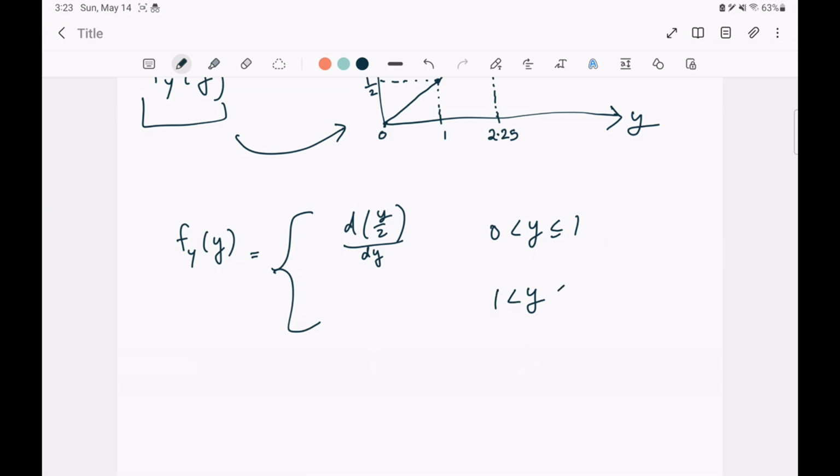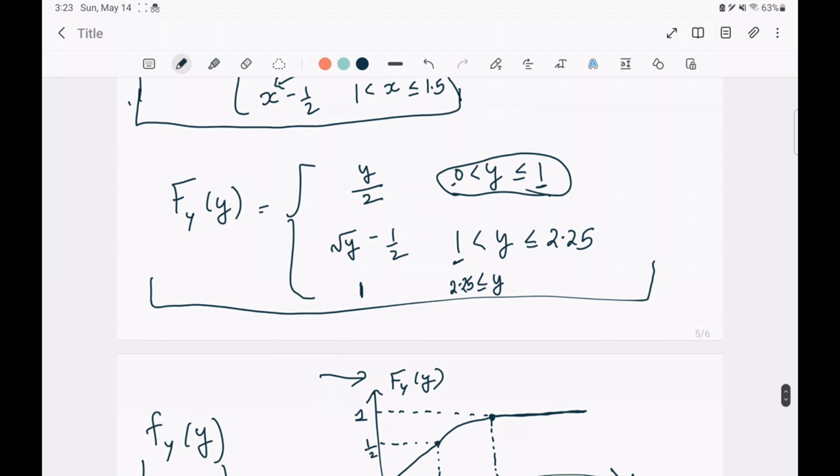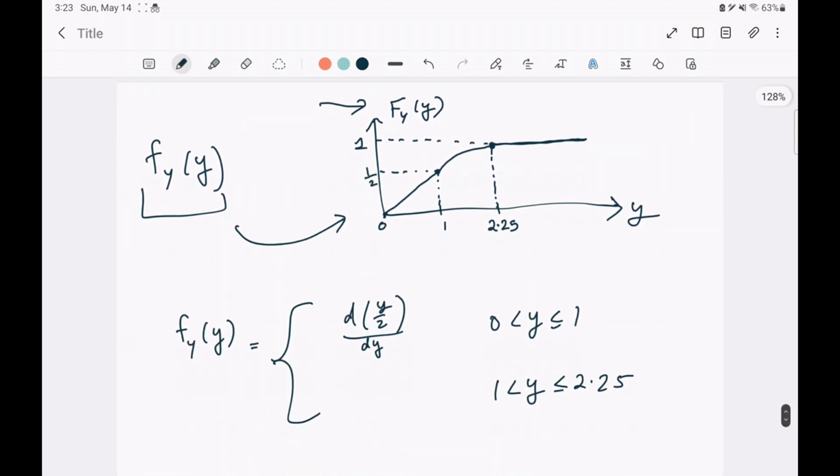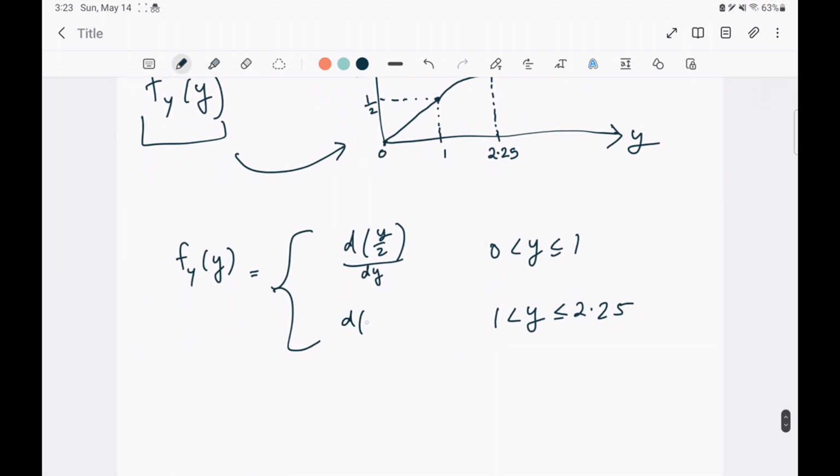And for the values of y lying between 1 and 2.25, it would be the differential of root y minus half with respect to y. This would be nothing but half, so I'm going to replace it with half, and since this is constant you can ignore it.